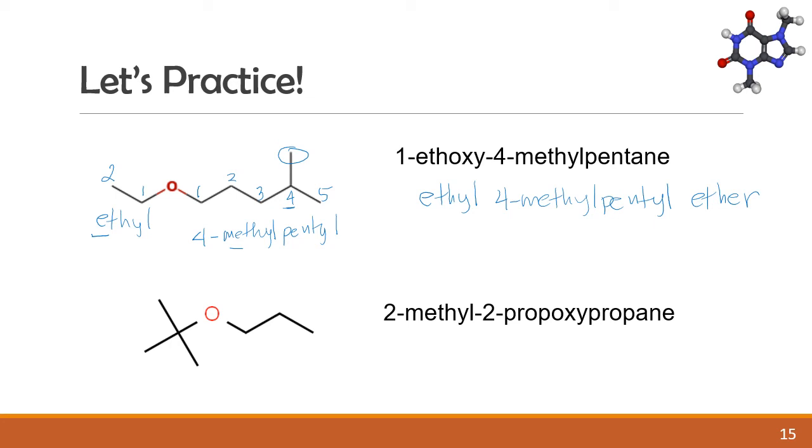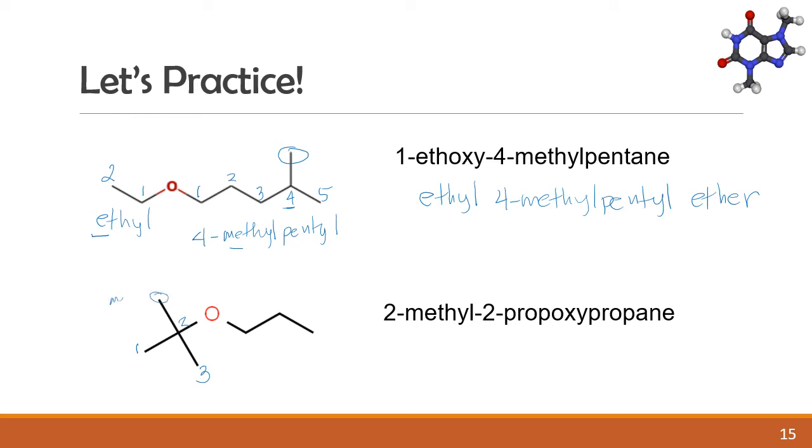Now let's go to this other ether whose IUPAC name is 2-methyl-2-propoxypropane. Let's name the chain on the left side of oxygen first. This chain has 1, 2, 3 carbon atoms and 1 substituent which has 1 carbon.